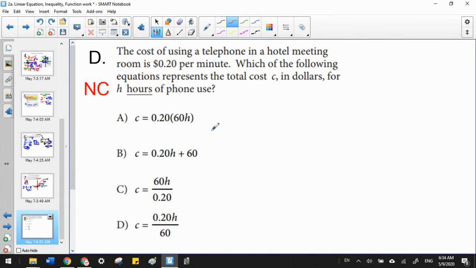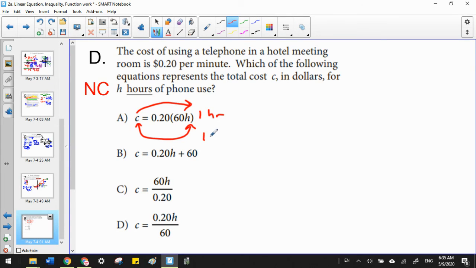Whatever equation is the correct answer is consistently true no matter how many hours or how many minutes I'm using. If they're giving us this formula, it's always going to be accurate. It's always going to describe the accurate relationship between C and H, so that it's never wrong. So if I pick 1 hour, C will give me the correct cost for 1 hour.